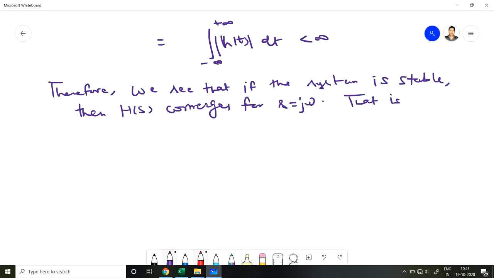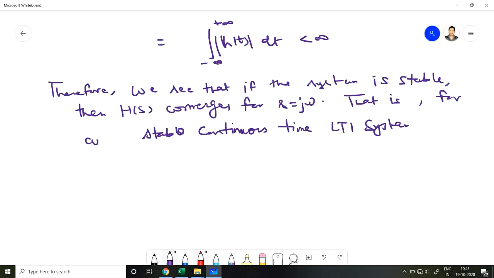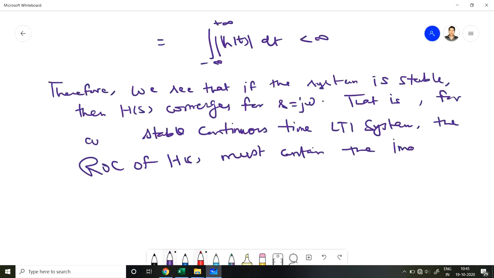That is, for a stable continuous time LTI system, the ROC of H(s) must contain the imaginary axis s equals j omega.